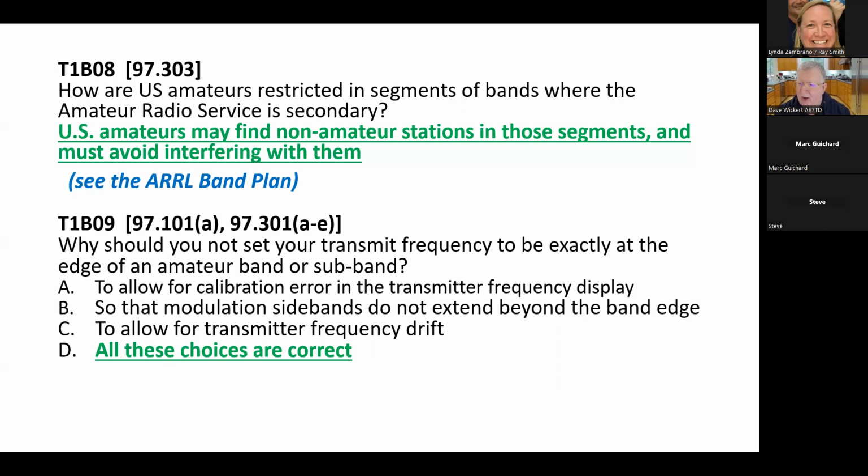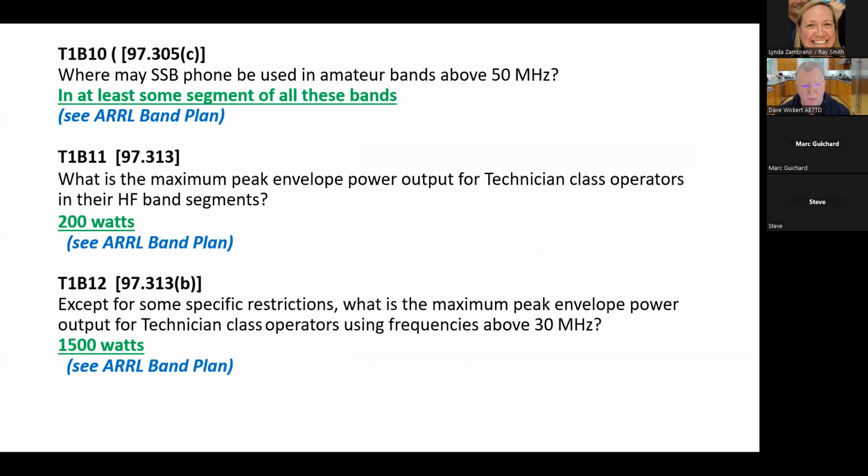So if you turned your radio on and set it right on the band edge, as the tube warms up, the frequency could drift to a frequency that's outside of the band. So all of those things can happen, and that's why you would not transmit right on the edge.